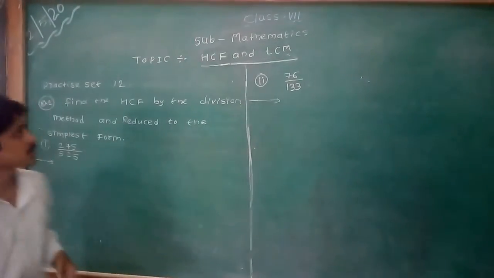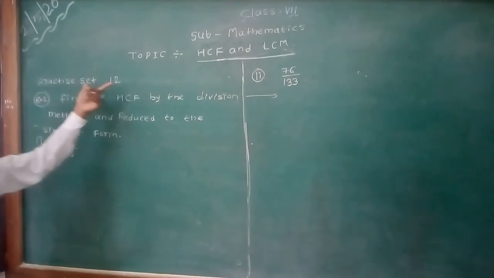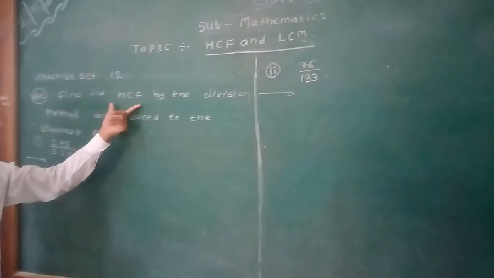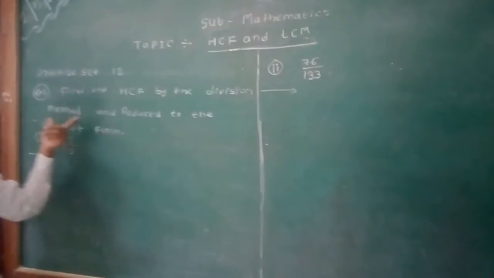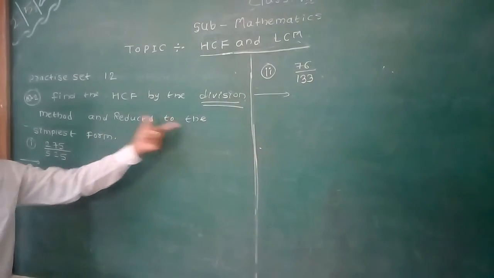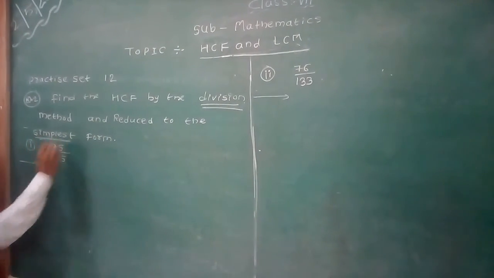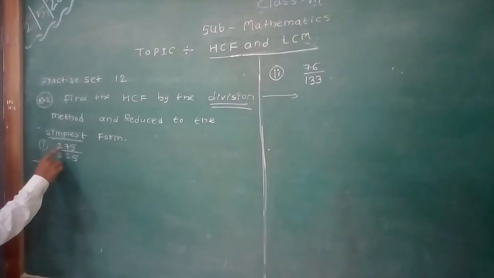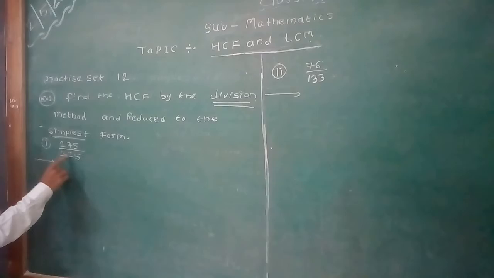Now next is practice set 12, example question number 2. Question number 2 is: find HCF by the division method, and reduce to the simplest form. Question number 1 is 275 divided by 525.